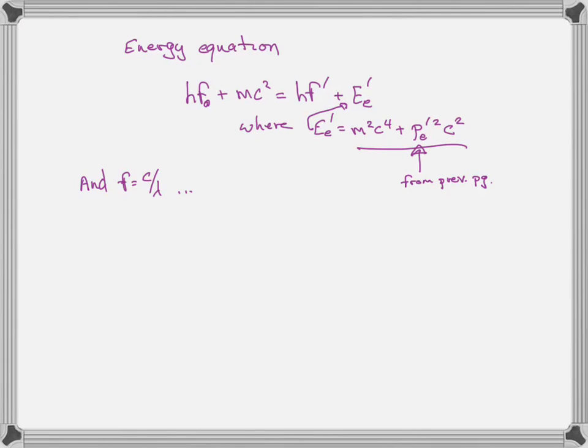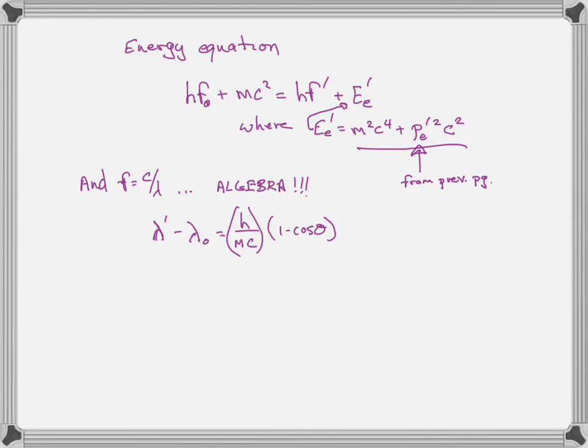It's just messy algebra. And what we end up getting is that instead of doing frequencies, it's easier to write it in terms of wavelengths. Something that's actually a pretty simple equation: the wavelength of the light after the collision minus the wavelength of the light before the collision is equal to some constant, h over mc, times 1 minus the cosine of the angle.